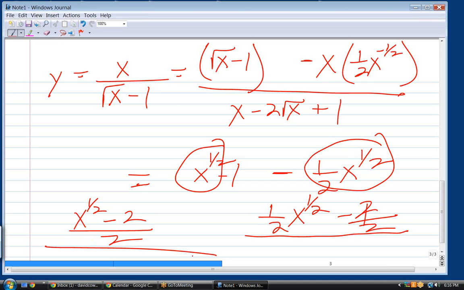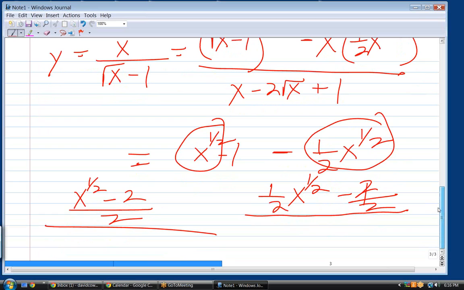So I've simplified what we had there. The denominator is still x minus 2 x to the 1/2 plus 1. We know that's x to the 1/2 minus 1 squared.